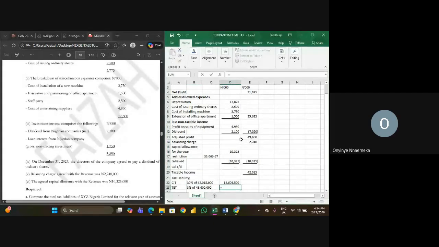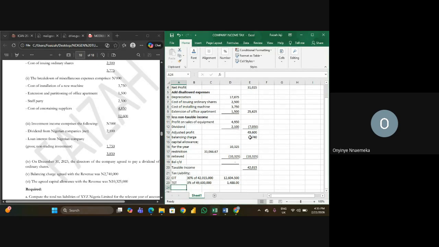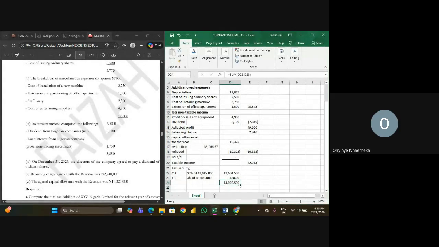Okay, so we have 0.03 multiplied by that. Just let me put it here. So our total tax is this. Total tax.